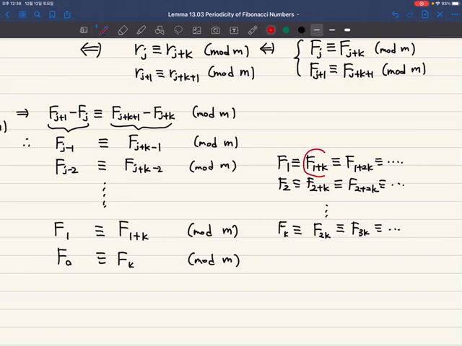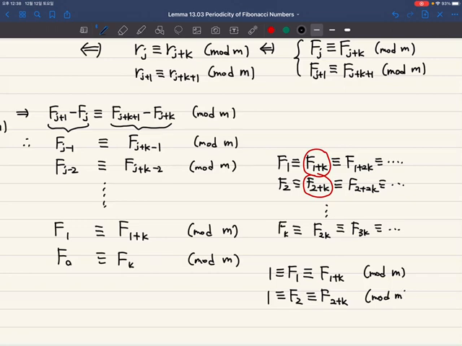If we look at f of 1 plus k and f of 2 plus k over here, we can set up that f of 1, which is 1, is congruent to f of 1 plus k modulo m, and 1 is congruent to f of 2, which is congruent to f of 2 plus k modulo m.